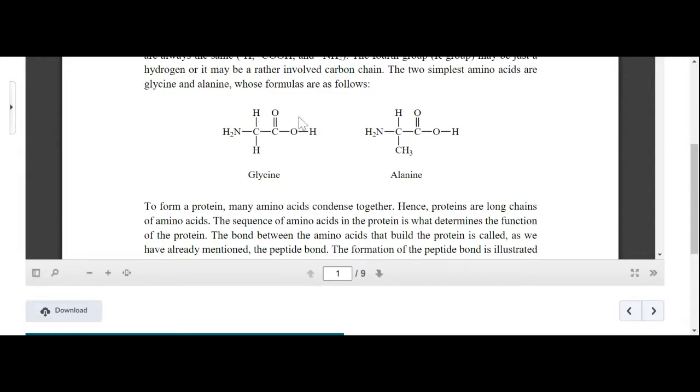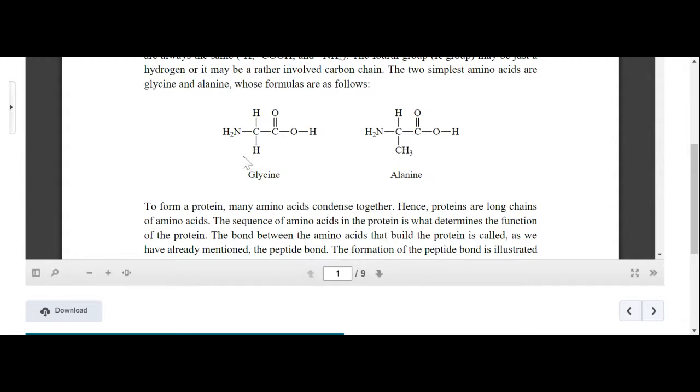Okay, let's look at it one more time. COOH is part of the functional group, so it has to be there. For both of them, you have COOH. NH2 is the basic functional group, but it is the same for both of them. Hydrogen is the same for both of them. And then the R group for glycine is hydrogen. For alanine it is a CH3. What determines these amino acids to be acidic or basic is the nature of the R group.